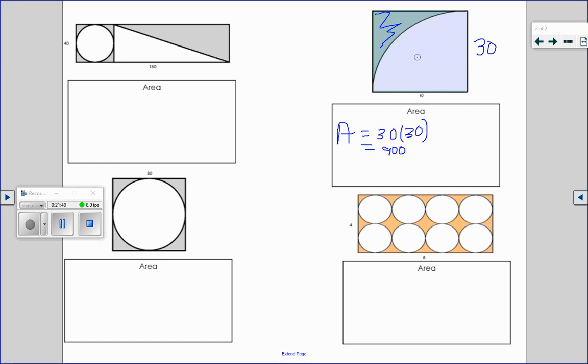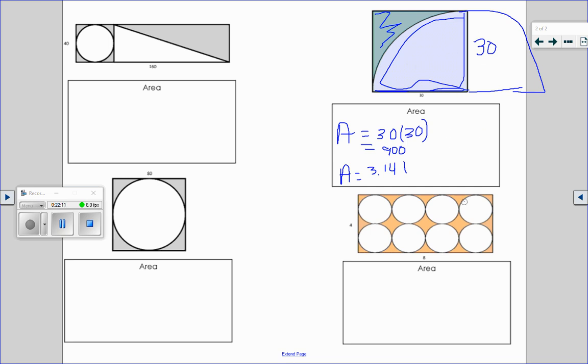Okay, now I need to take away this. And you should have realized that that's 1/4 of a circle. So I need to find the formula of my circle. It's 3.14. And my radius, this actually is the radius, because if I have drawn it on the other side, that would make the other half of that, or the other part, the other fourth.